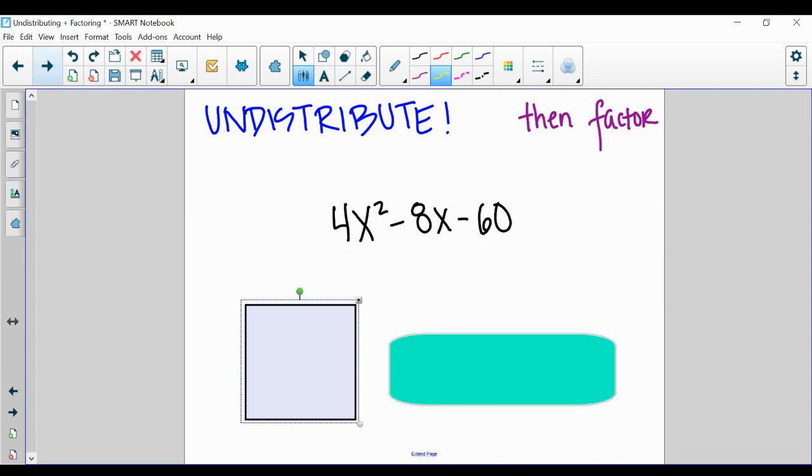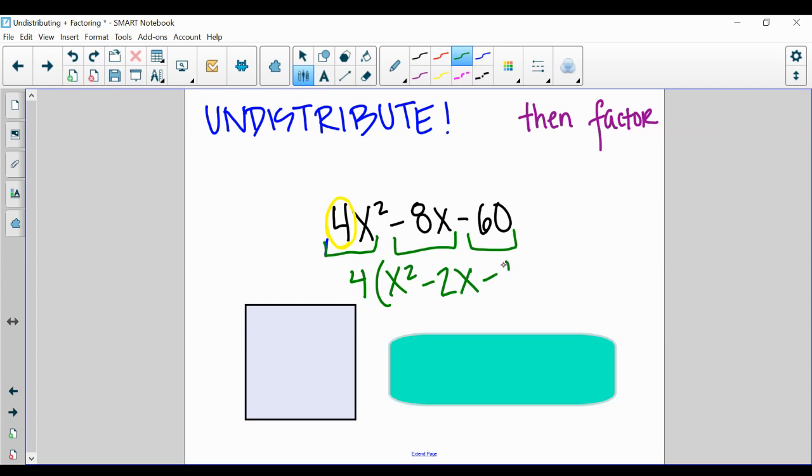Another one. Again, we see this A of 4, so we want to think, what can we factor out? What do these share? 4x squared, negative 8x, and negative 60. They all share 4. When I take that out, I'm left with x squared minus 2x minus 15.